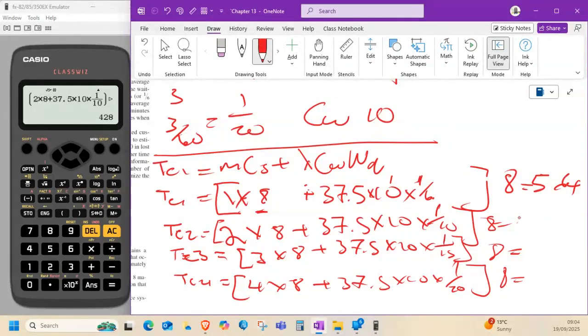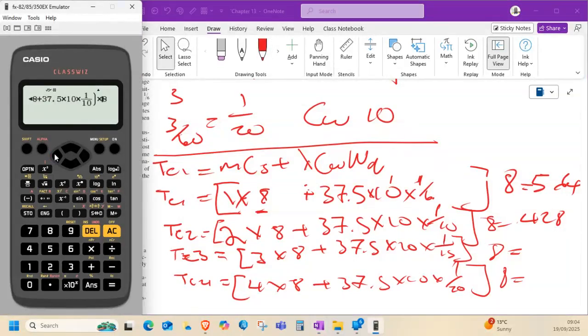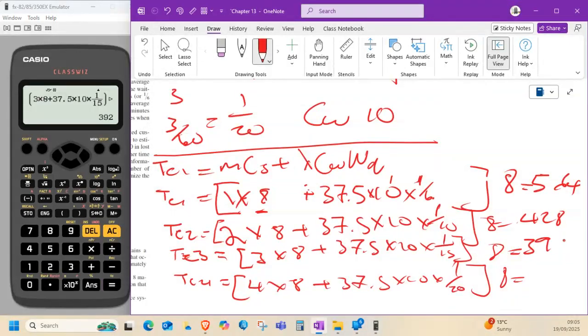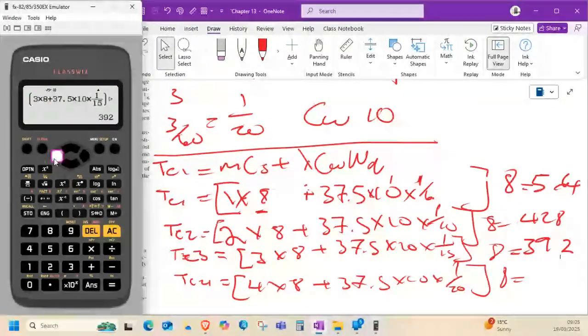This is the cashiers, 428. You just edit. Three, 9, 2.